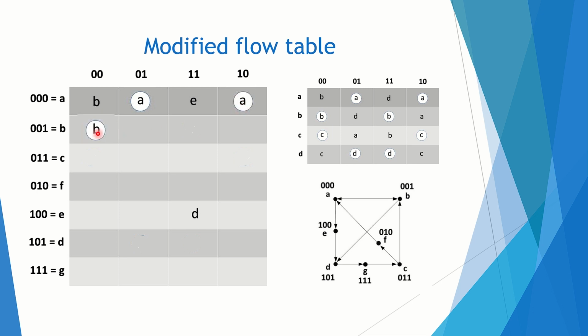Then B to B, again stable state. B to D, see here B to D, it is possible, that is even. And B to B again stable state, and then B to A again, that is also allowed.